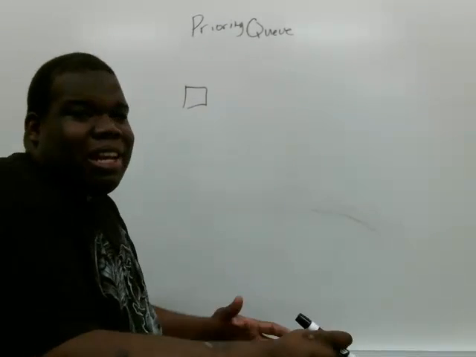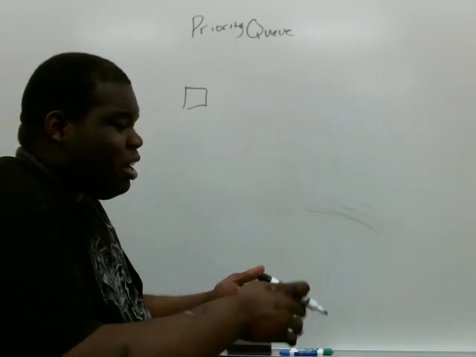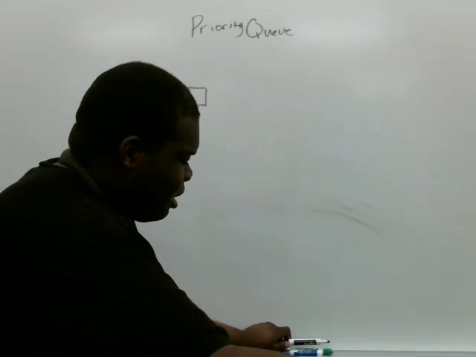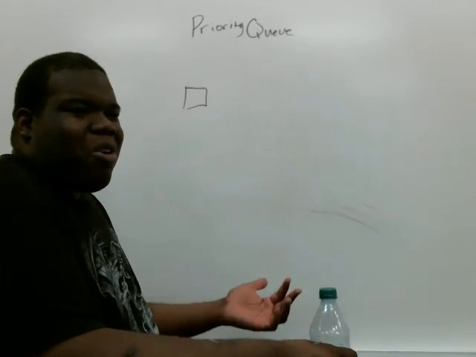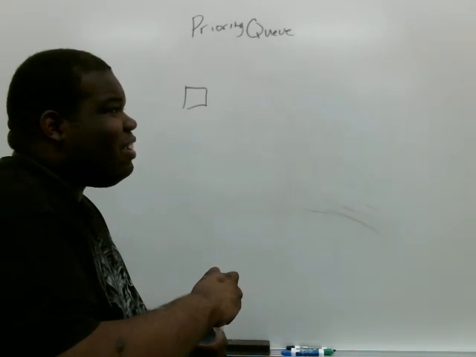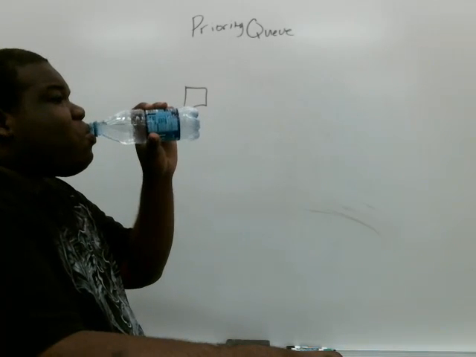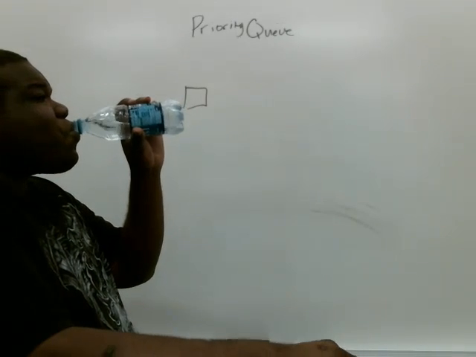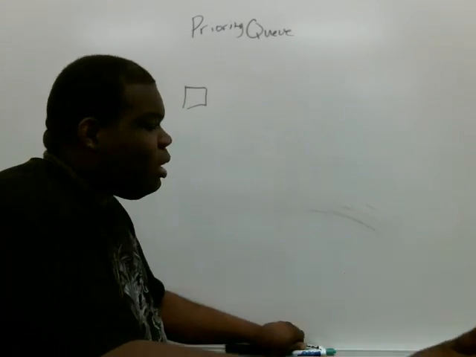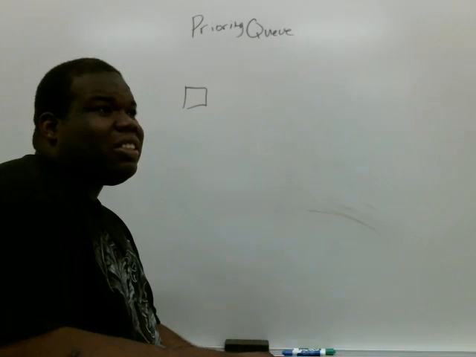The jobs coming in have a priority, so they want the most important jobs to run first, because they're more important than you. They're like defending the country or saving the world. So the printer is going to print the most important jobs first.